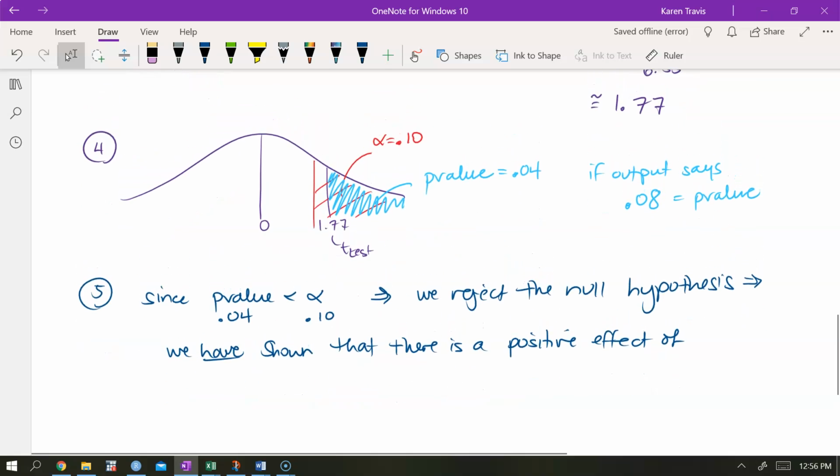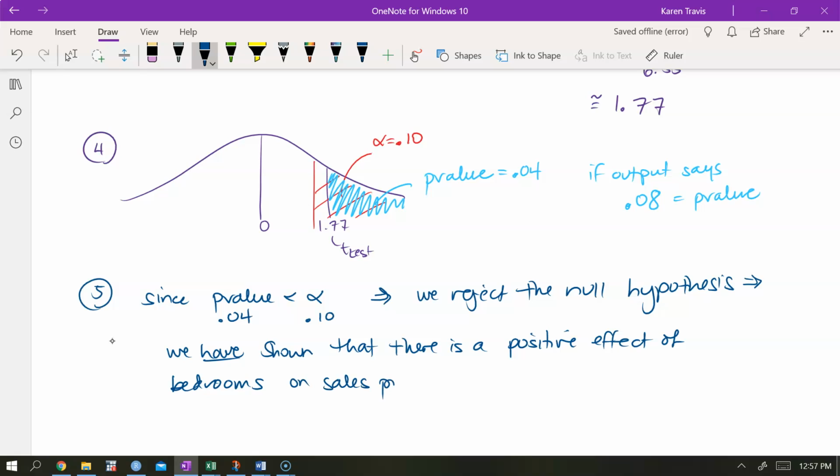Bedrooms. Positive effect of bedrooms on sales price at a 10% level of significance.